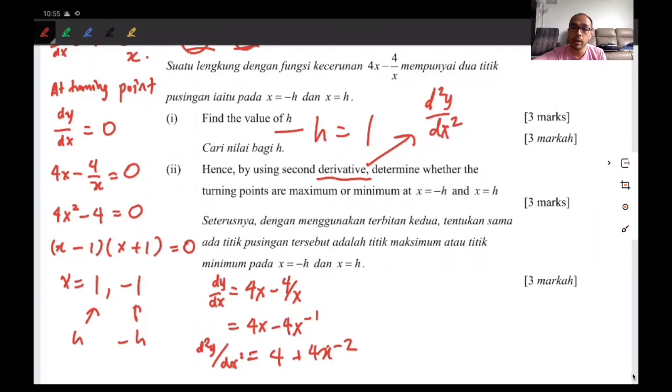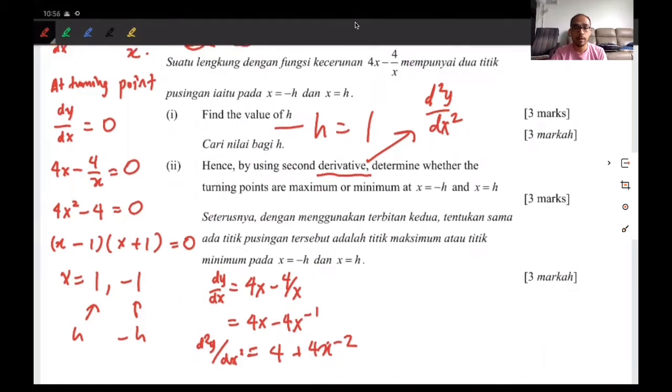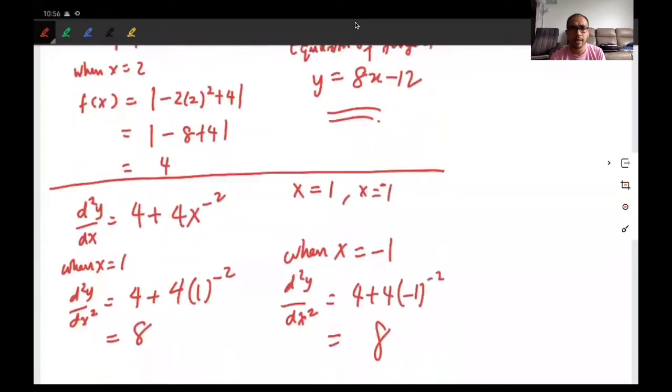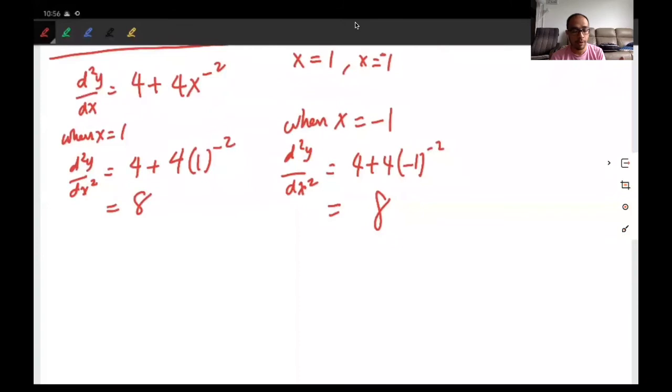It looks like I did it correctly though. Let me take it slow. Actually, one should be maximum and one should be minimum. But that will mean that one of my d2y/dx2 must be negative. Why is it both 8? Unless the question has something wrong. There are a few questions in here that are a little bit off.